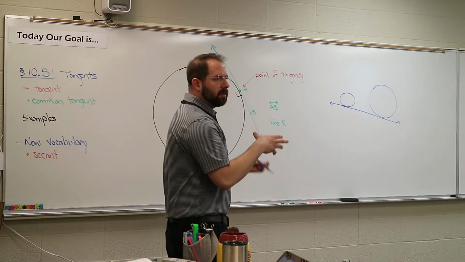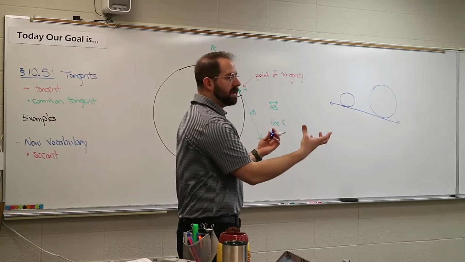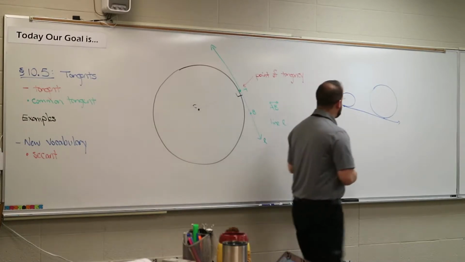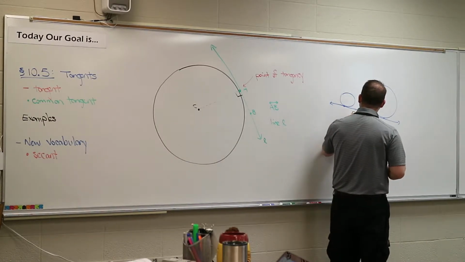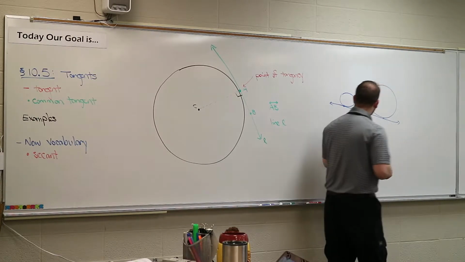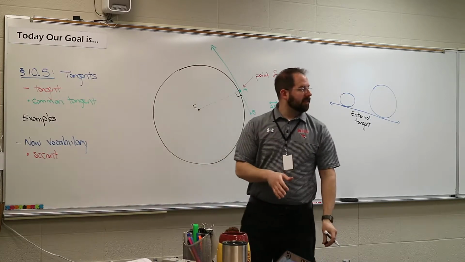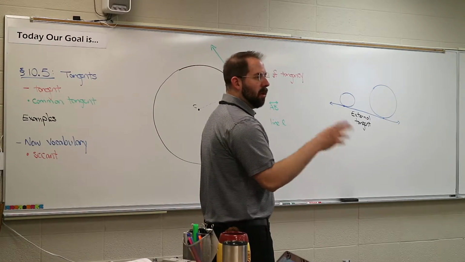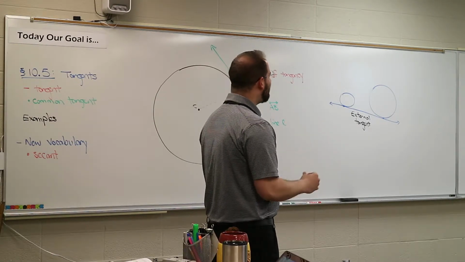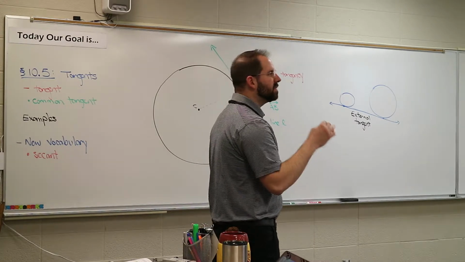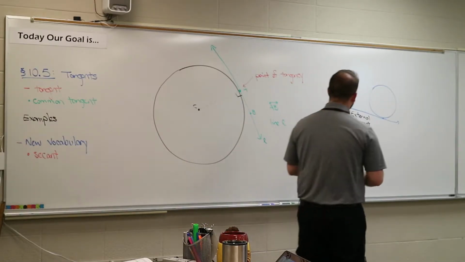But we never really discussed that there are different types of tangents. One of the examples we had was called an external tangent. This is an external tangent line. The definition of an external tangent is a tangent to both circles that does not cross the segment connecting the centers of your circles.